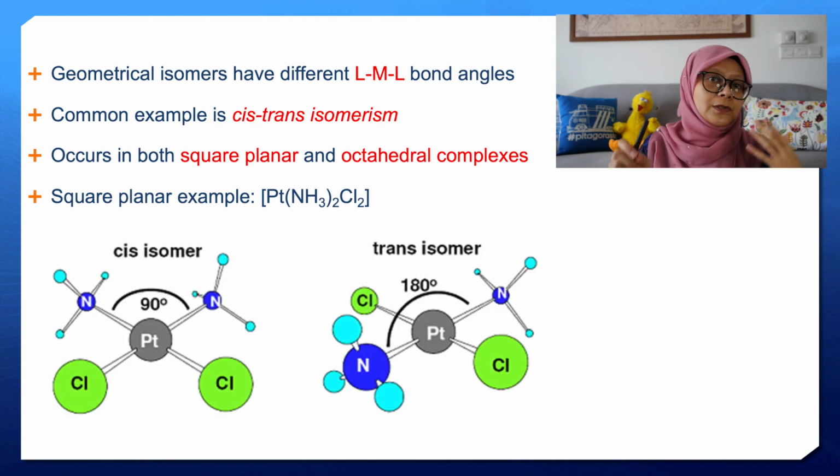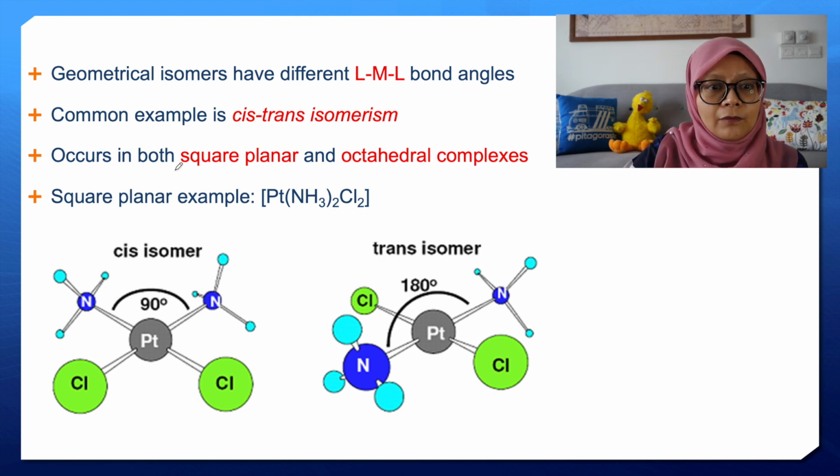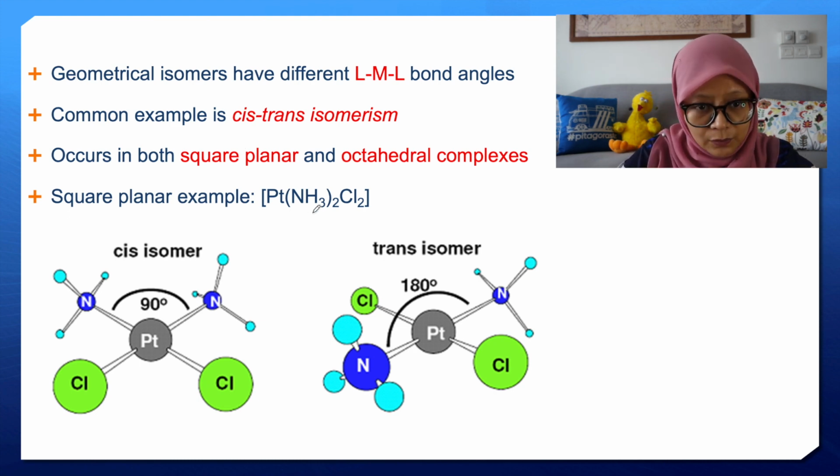Other than that, these geometrical isomers have different ligand to metal ligand bond angles, or what we call LML. A common example here is the cis-trans isomerism. Both occur in square planar and also octahedral complexes. As I have shown to you before, we have square planar for platinum complexes and octahedral geometry for cobalt complexes. For example, here I have a square planar cisplatin, cis and also trans isomer.